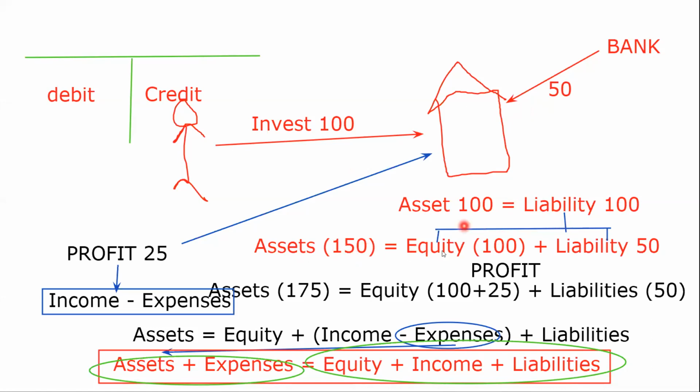Then the liability was divided into owner's liability and outsider's liability. Then we derived the equation asset equals equity plus liabilities. So this is the main equation that we will use in most of the questions. And that was expanded. It added the profit, substituted the income minus expenses, and we derived this equation.